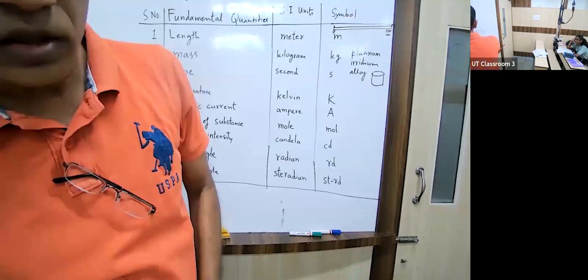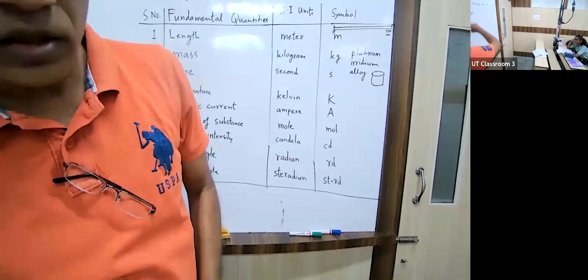And when you plot a graph, the graph will pass through the origin. Now this is the origin, and it is a straight line. So uniform motion always has a straight line graph, X versus t, distance versus time.